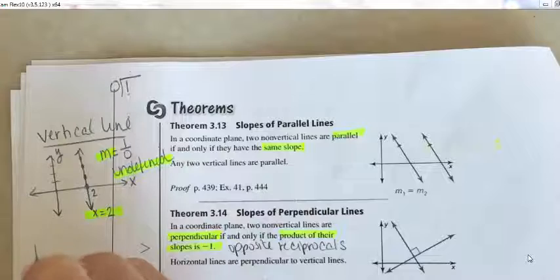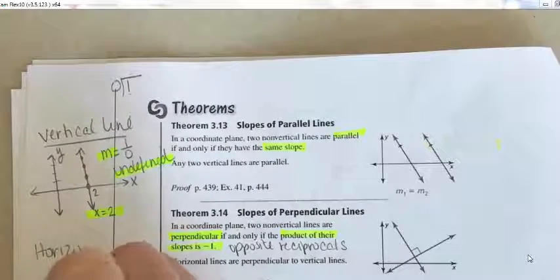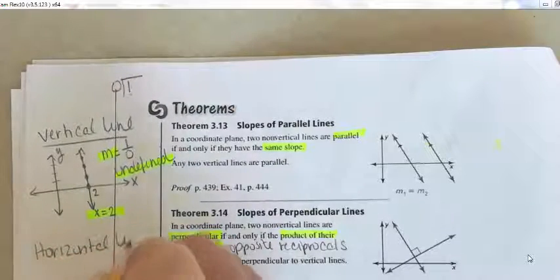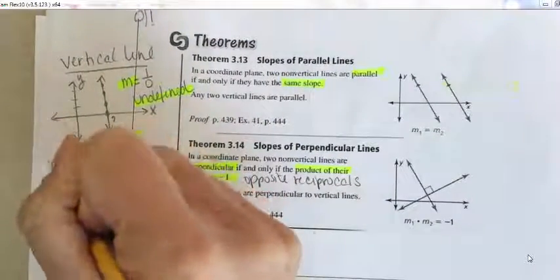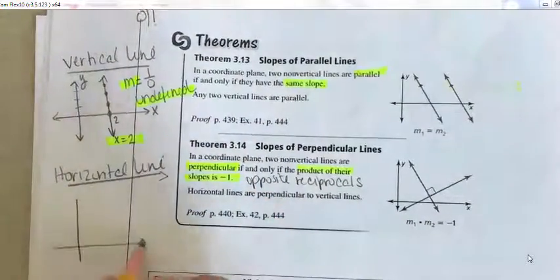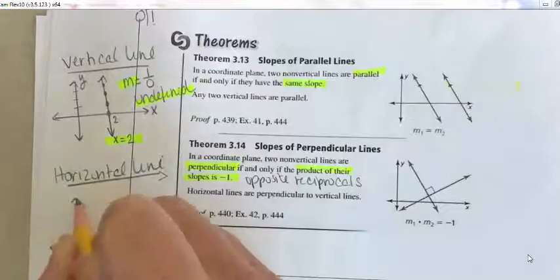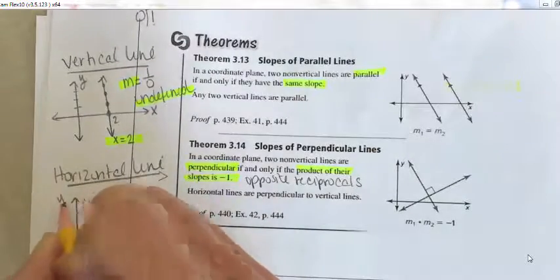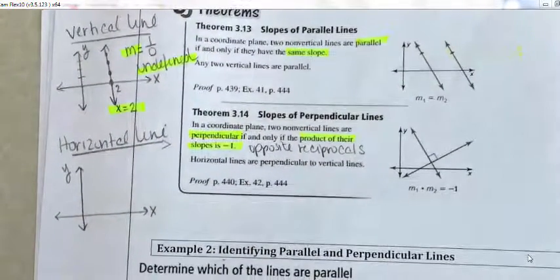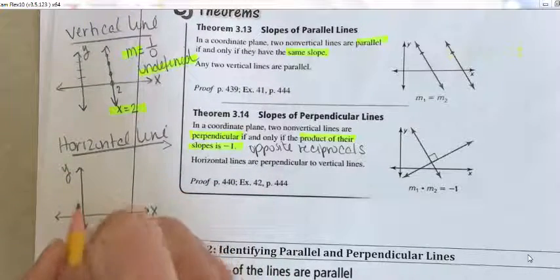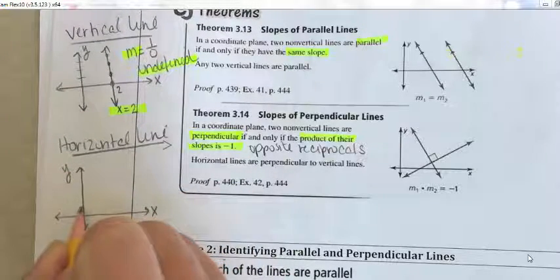Second thing that we're going to talk about now is horizontal lines. And again, I'll just come over here and graph a coordinate plane. So a horizontal line, let's do y equals 2.